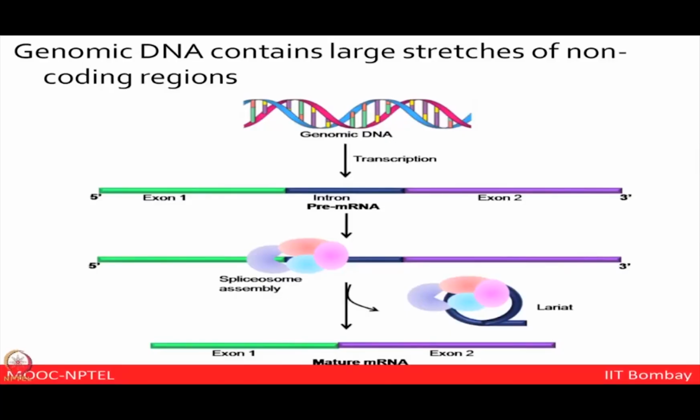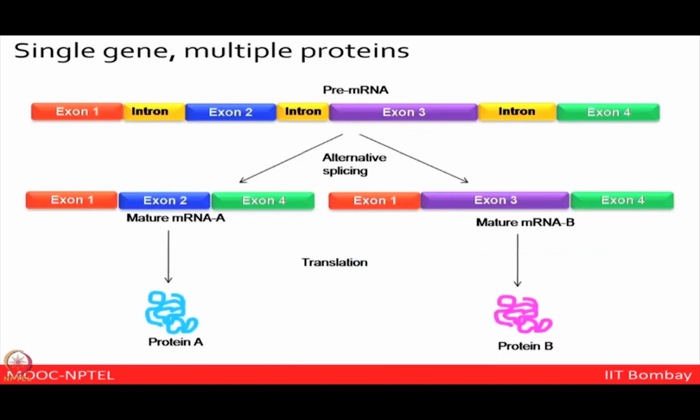Let us look at some of the basic information, basic biology. From the genomic DNA, after transcription the RNAs are formed, and in the process of splicing you can see that the exons and introns are there, and when introns are out, the functional mature mRNA is formed with a combination of various exons.